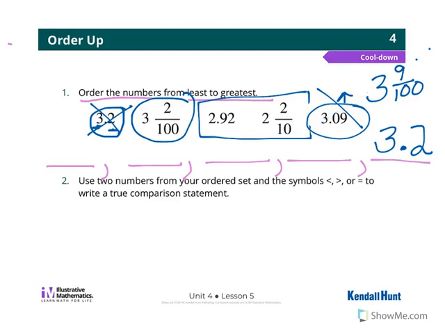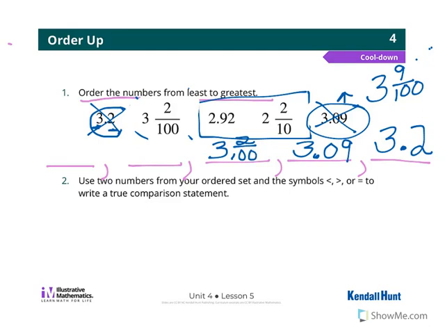So I did not mean to cross that one out. So 3.09 is the next smallest. So I'm going to cross that one off, and then I'm going to erase this one. Oh, but that's the only one with the 3 that is left. So 3 and 2 hundredths would have to be your next smallest.